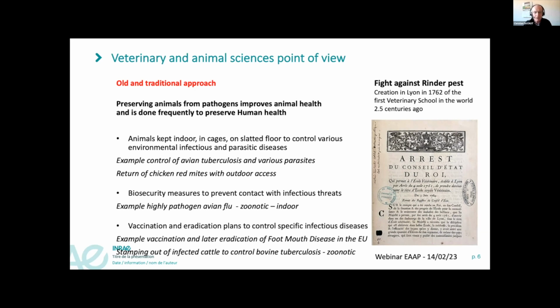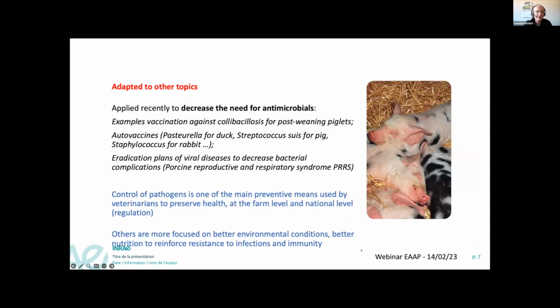For example, we vaccinated and then later eradicated foot and mouth disease in the EU in the 80s, or the stamping out of infected cattle to control bovine TB, which is zoonotic, since the 50s.